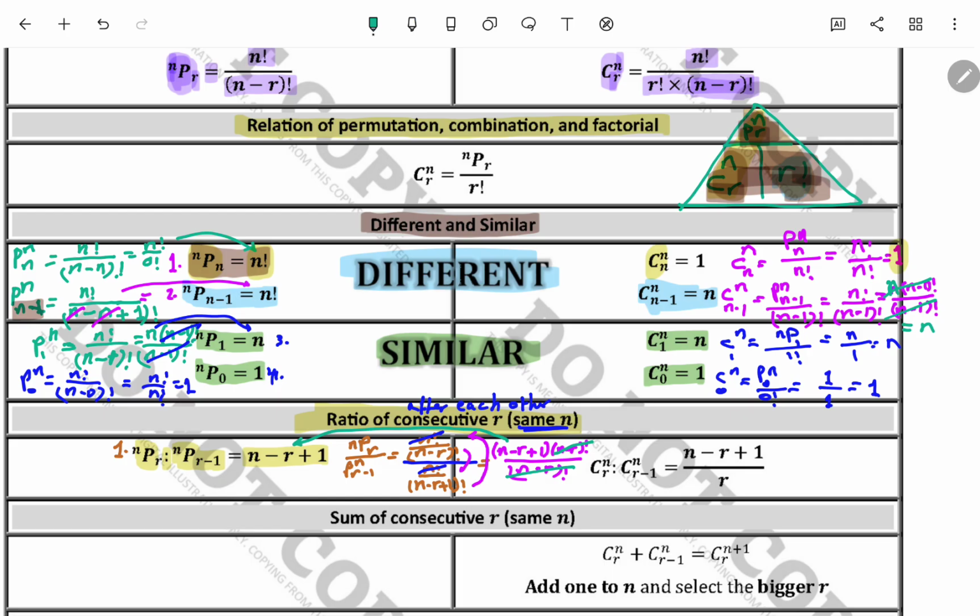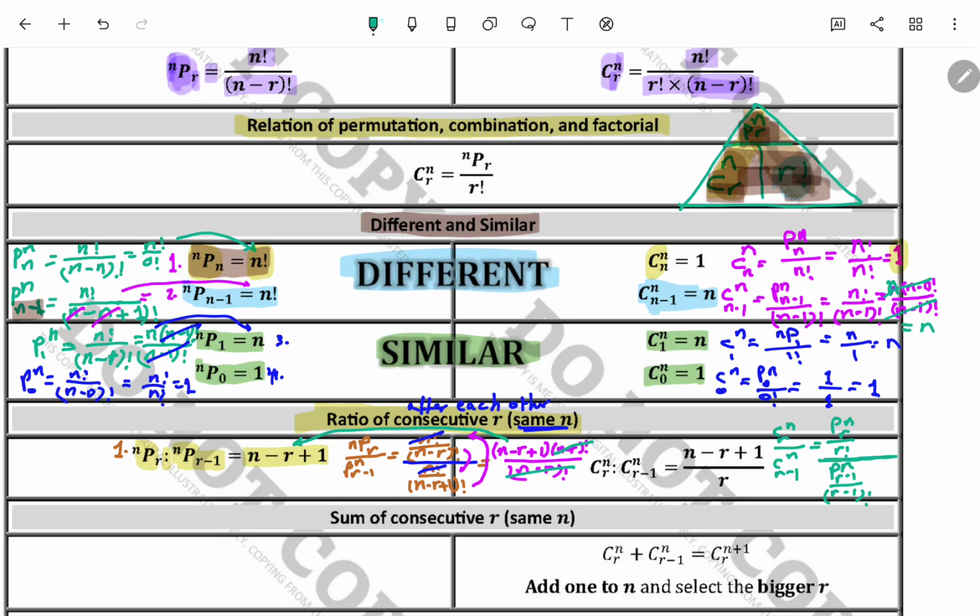If you want to prove the other one, you are going to say n combination r divided by n combination r minus 1. By using permutation like this, n permutation r divided by r factorial, that all divided by n permutation r minus 1, all divided by r minus 1 factorial.